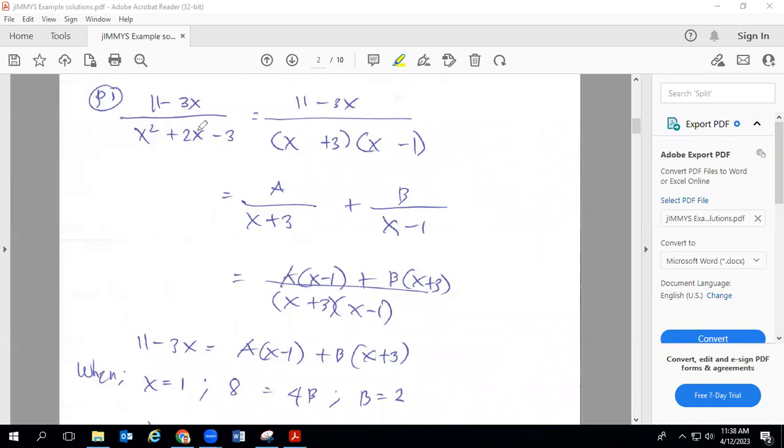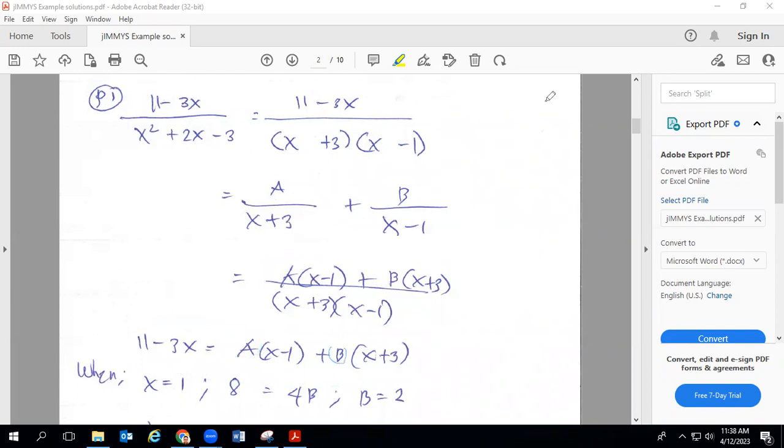From here, you copy 11 minus 3x. When you multiply both sides by the denominator, these will be our remaining values, this one and this one. That's why we write it here. And from here, you can now compute the values of A and B.